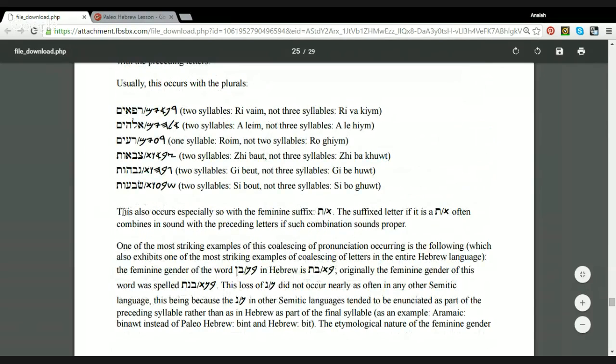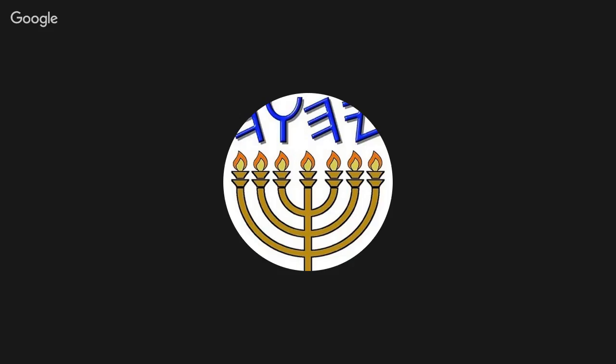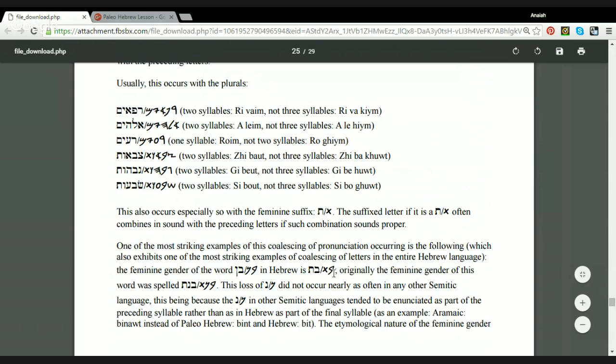And then this principle also occurs with the feminine suffix t. You know the word for son in Hebrew is bin, right? The word for daughter in Hebrew is bit. And why is that?